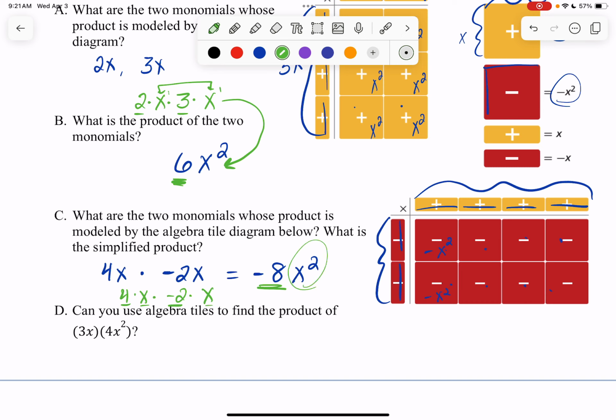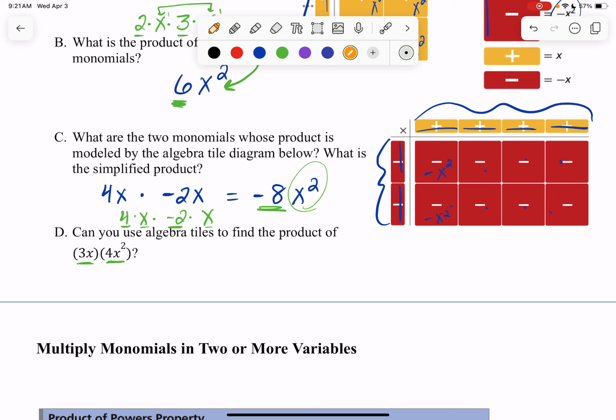Now, can you use algebra tiles to find the product of 3x times 4x to the second? Well, I can for sure do the 3x's. If we were going to create one, I'm going to do a little one. We would have 3x bars: 1x, 2x, 3x's. I'm just drawing my bars as lines.